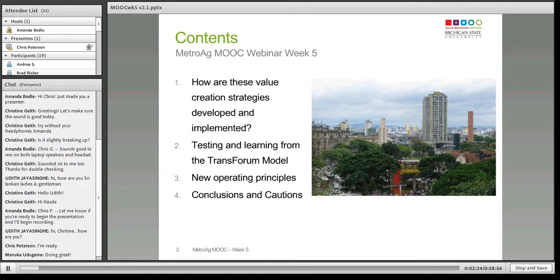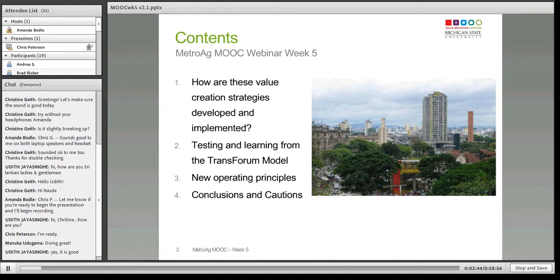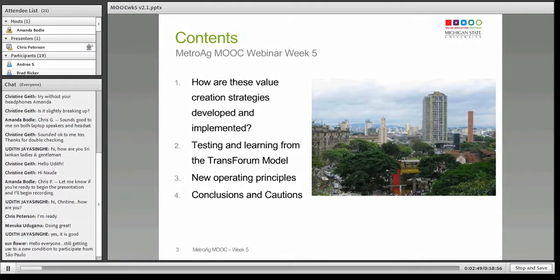Just another word of background. I am a faculty member here at Michigan State University, and I direct an organization called the Product Center, Food, Ag, Bio, where we're working with brand new entrepreneurs and existing businesses to take new products to market that are related to food, agriculture, or biomass.